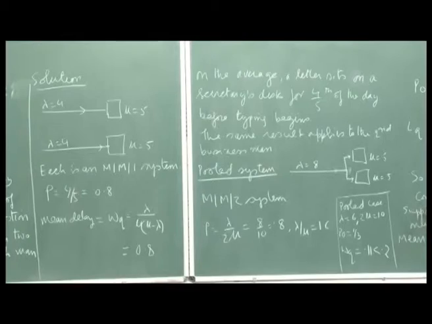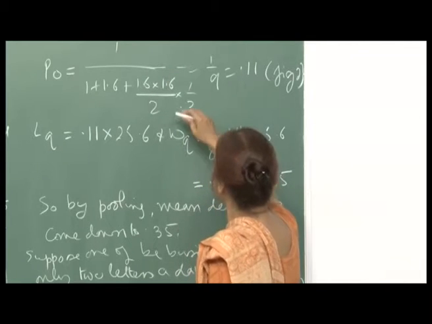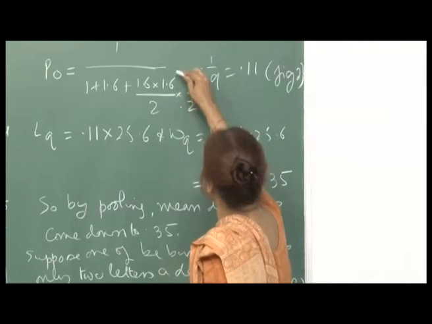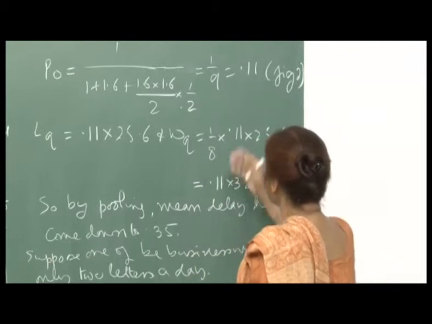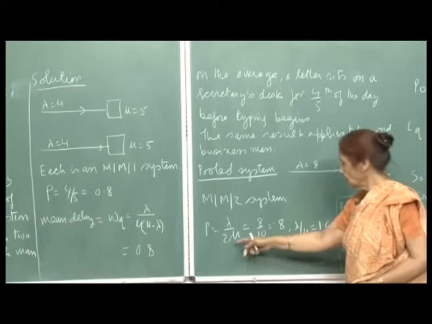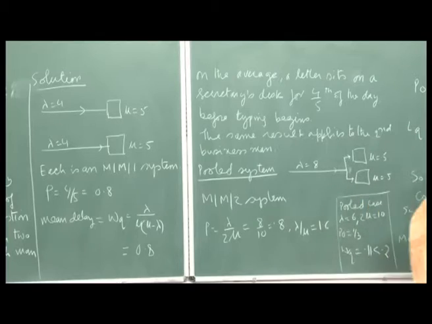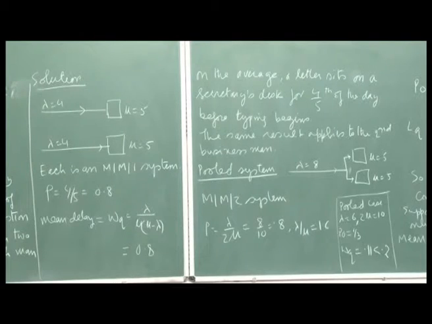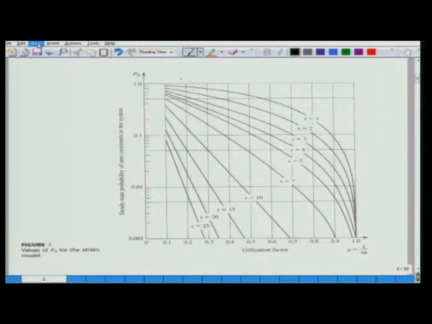Of course, this is a small system, and so I have shown you the calculation as well. But you can see from the graph, for lambda by S mu equal to 0.8 and 2 servers, in figure 2, it is a little above 0.1, so 0.11.